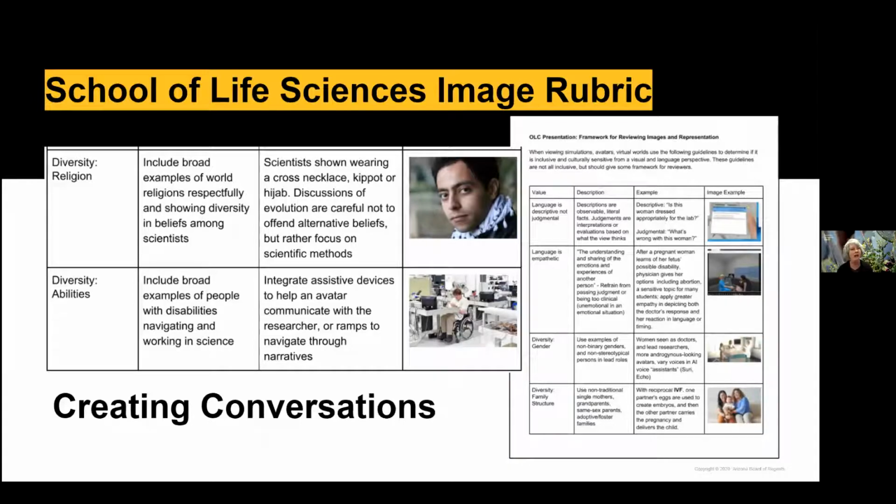As we had conversations about these images and simulations, we realized there were some limitations to the rubric, but the idea was that people were becoming more aware of what to use and what to possibly not use, where the rubrics fell short, and how we could compensate for that. So I think the rubric is continually evolving, but the conversations that were created were the real goal of what we were trying to do.